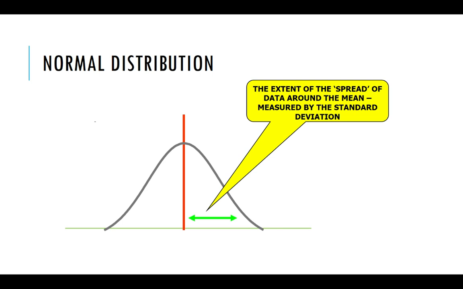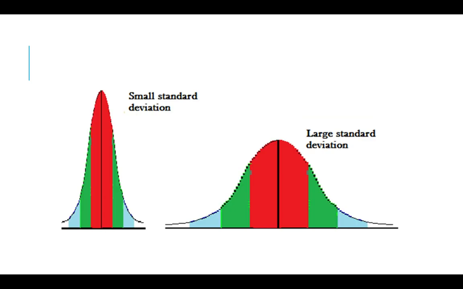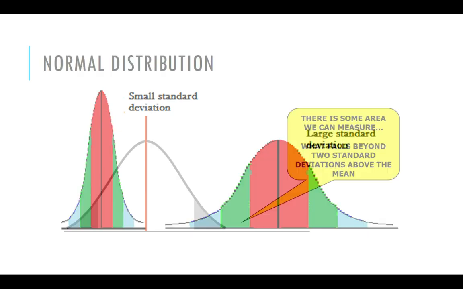It was one of our measures of dispersion. Now, to refresh your memory, we could have a small standard deviation like we do on the left. If we have a small standard deviation, then we know our spread is not very big. So you see that distribution on the left that's really narrow and tight. And on the right, we see a large standard deviation. So we see a much greater spread. So remember, standard deviation is a measure of spread.